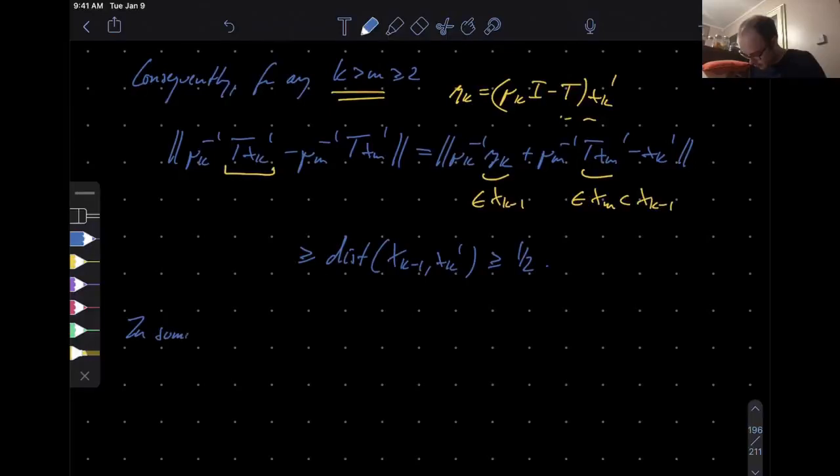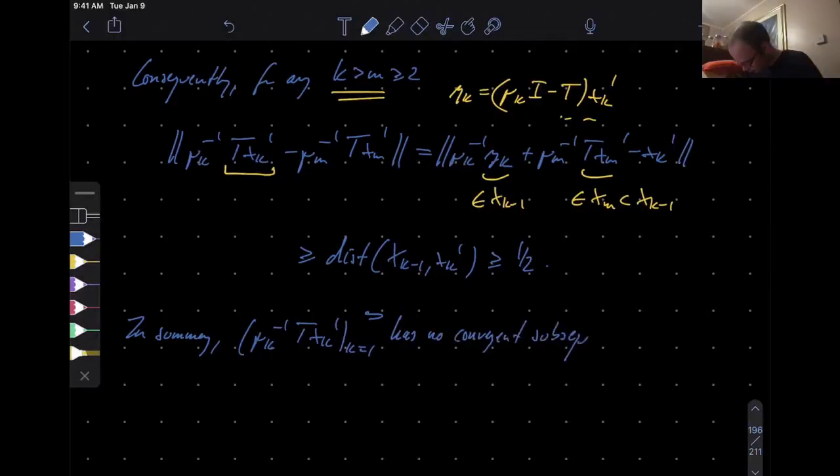In summary, what does this tell us? This sequence mu_{k-1} T x_k' has no convergent subsequence. And since mu_k was lambda_{n_k}, as k goes to infinity it goes to lambda.